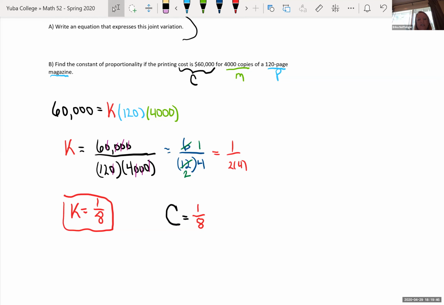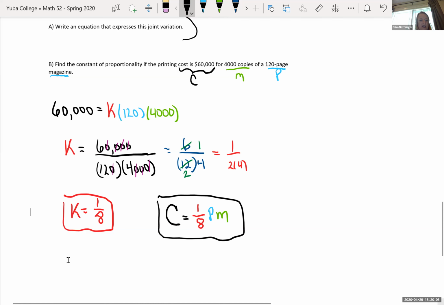So the cost for this magazine is 1/8 times the number of pages, P, times the number of magazines, M. Now we can answer anything they throw at us with that equation.